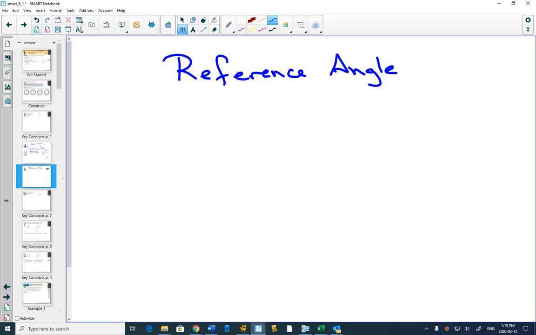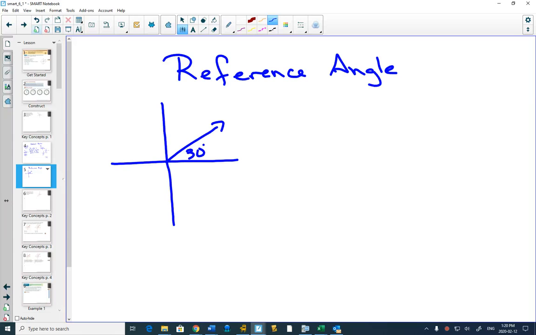Instead, what we're going to look at is I'm going to draw an angle, say 30 degrees, and then I'm going to tell you what the reference angle is. And then you have to tell me how you figure that out.